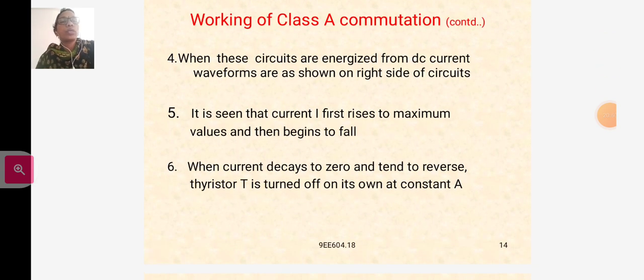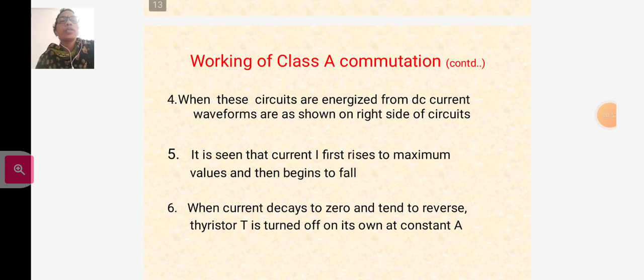Actually, what is the working of class A? When these circuits are energized from DC, current waveforms are shown on the right side of the circuit. It is seen that current first rises to the maximum value and then begins to fall.